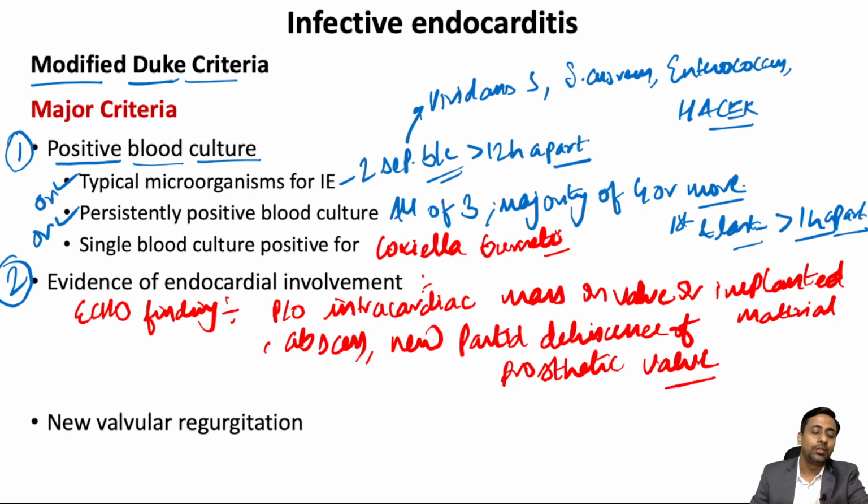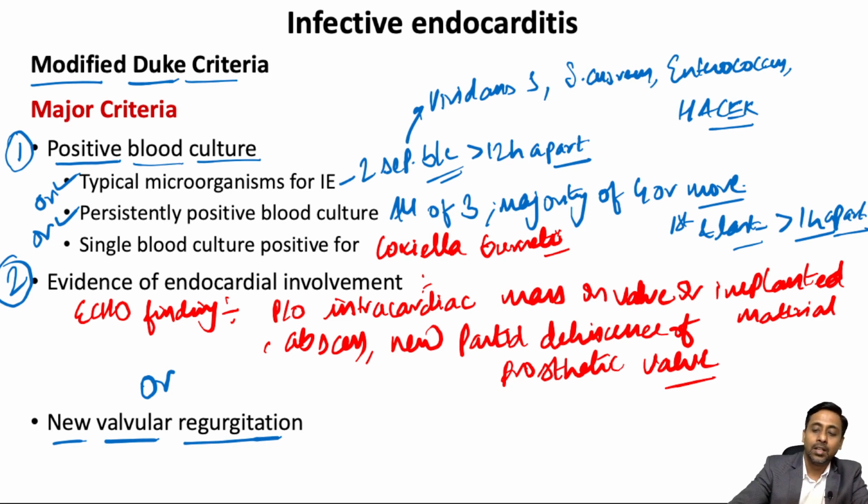Okay, so either presence of a mass or abscess or new partial dehiscence of an implanted prosthetic valve, or if there is new valvular regurgitation present. Okay, so if any of these two criteria are met, then we consider it a case of infective endocarditis.